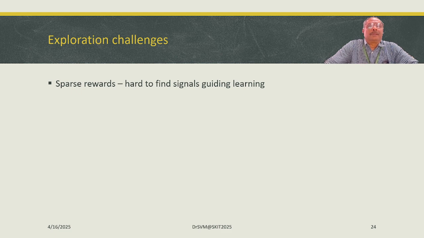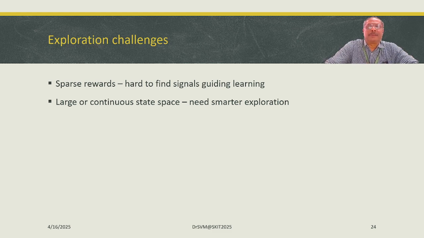So there are some challenges we have with exploration. When the rewards are sparse, it is hard to find signals that are useful for guiding the learning process. Then there is a large and continuous state space. If we are working on a continuous state space, then a lot of values are there in the state space.